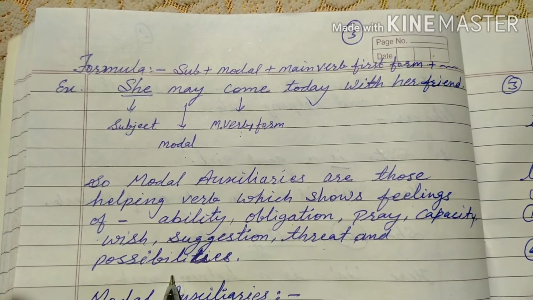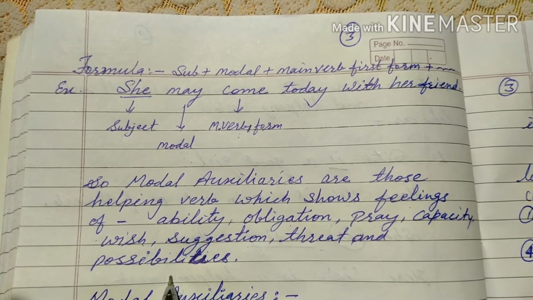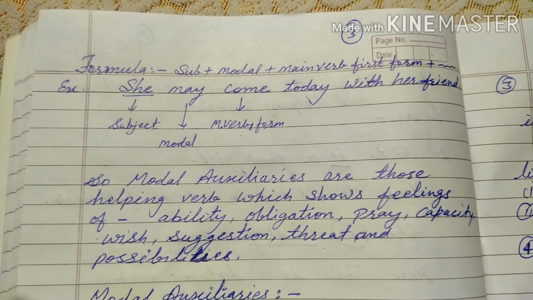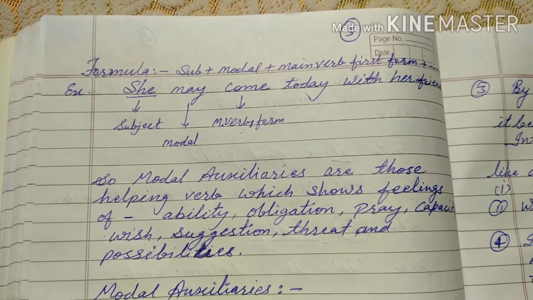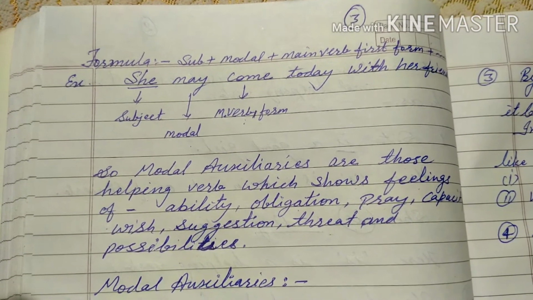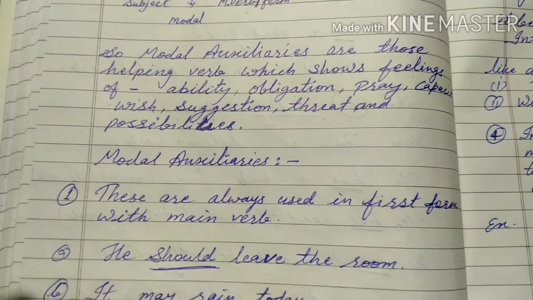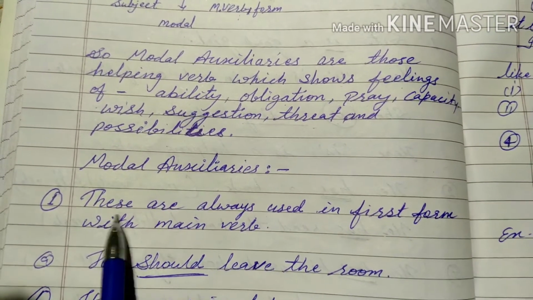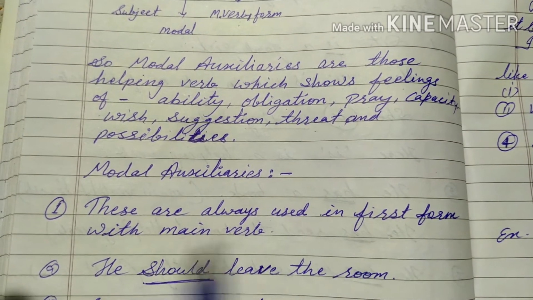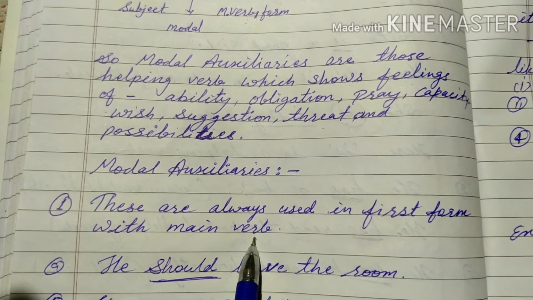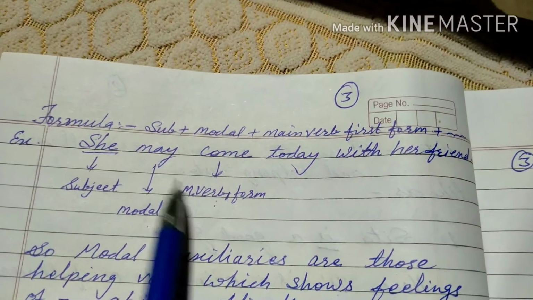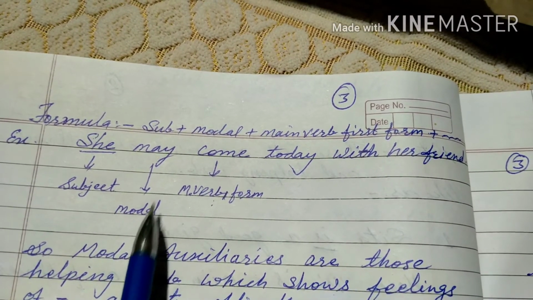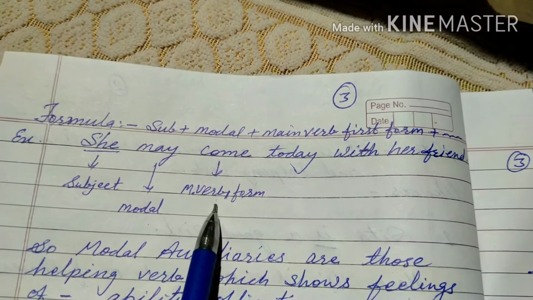Okay, so let us see the modal auxiliaries. These are always used in the first form with main verb. So modal auxiliaries are always used in the first form with the main verb.